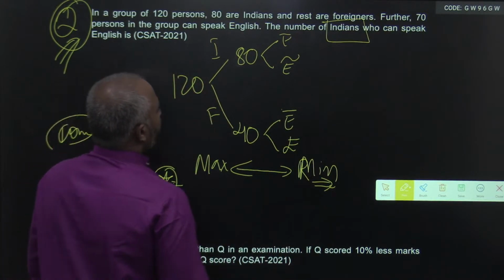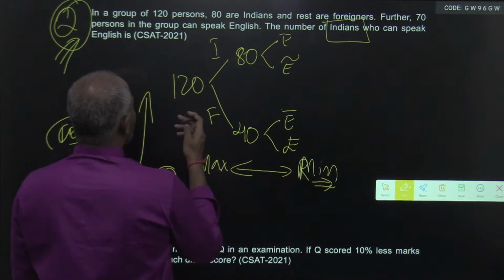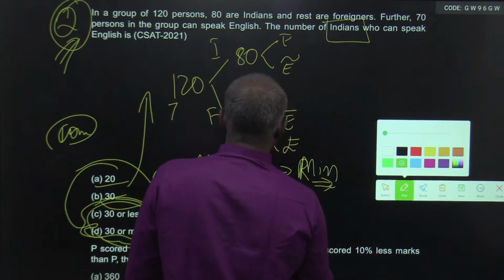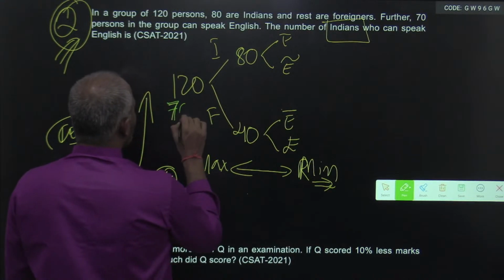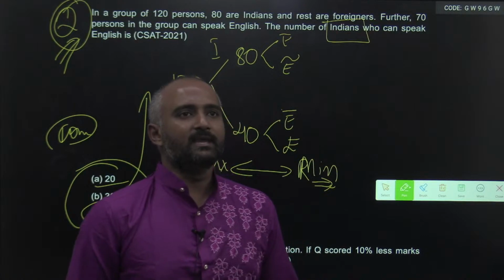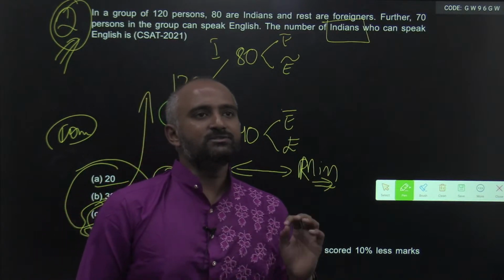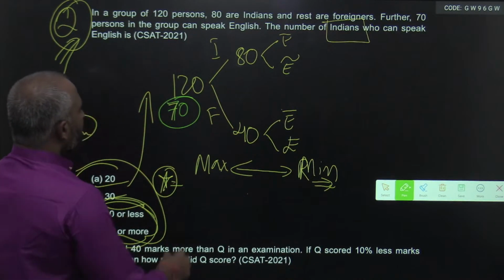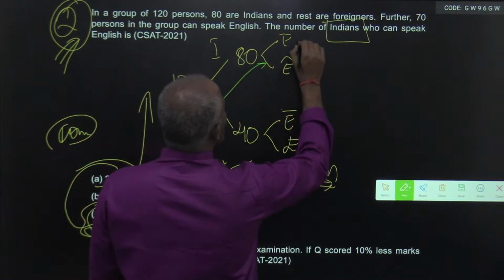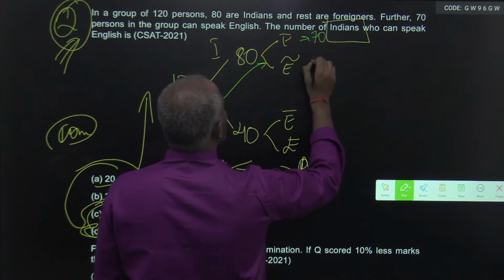So 70 people speak English. If I want the maximum Indians to speak English, what will I do? I will allocate this 70 to Indians itself. So Indians who speak English are 70.